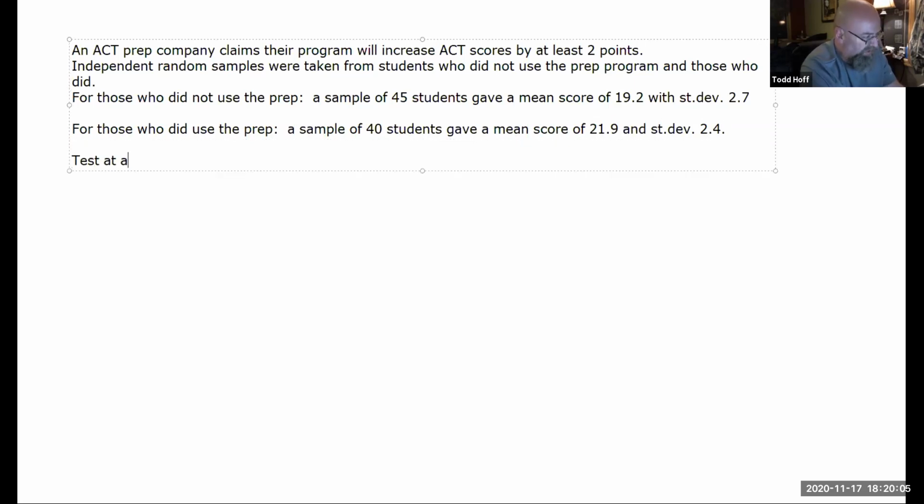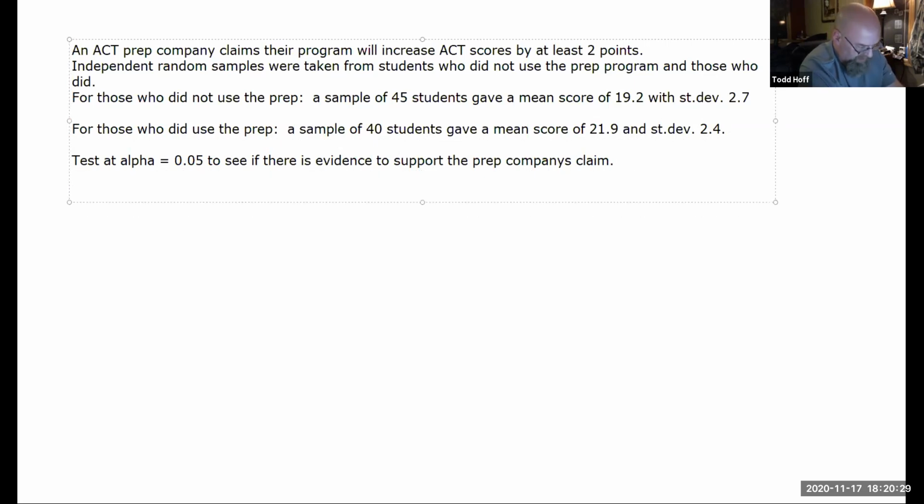Test at alpha equals 0.05 to see if there is evidence to support the prep company's claim.